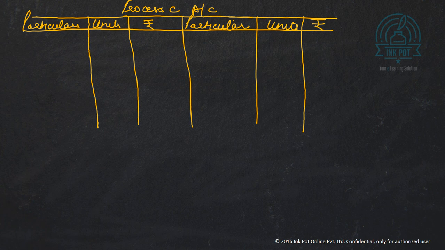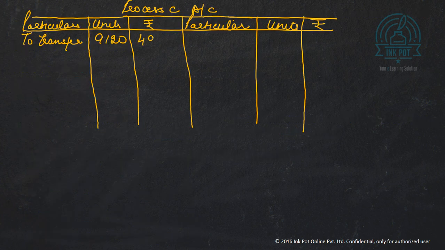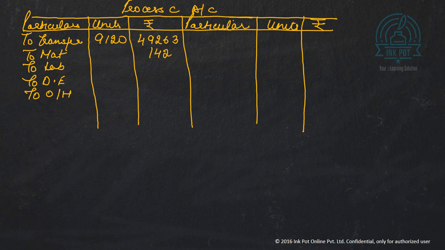Now let me write all the expenses here. To transfer from previous process is 9120 units and the value is 49263. I'm noting down the other expenses like materials, labor, direct expenses, and overheads. The value of material I suppose is 1420. Then we have 6500 as labor.